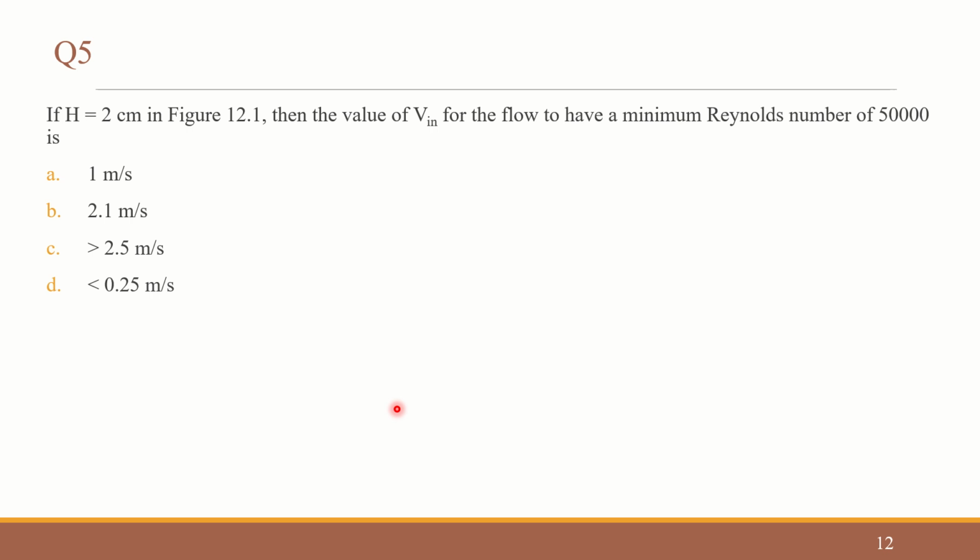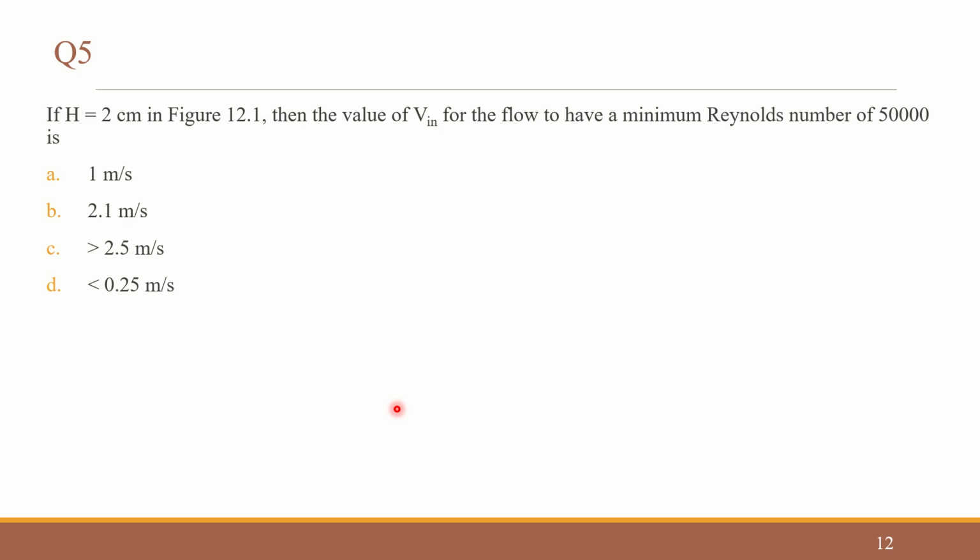So we are given that height is 2 centimeter. If height is 2 centimeter, width is 1.5 times of height, so it is 3 centimeter. And we are asked to find the V in when the Reynolds number is 50,000. So the Reynolds number formula is given by rho V d by mu, and here V is unknown, rho is given, mu is given, and we need to calculate d.